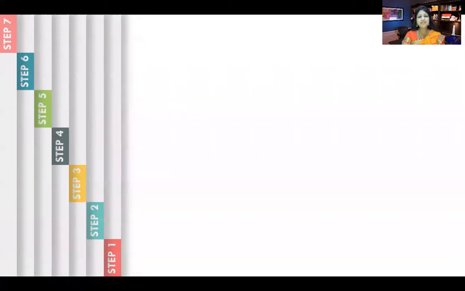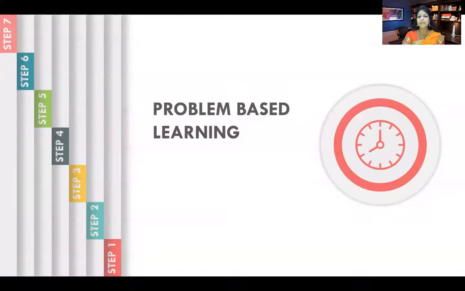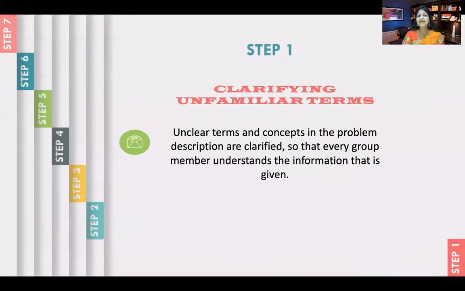PBL, as we have already seen, is problem-based learning, and the education does not only take place in lecture halls, but mostly in small groups of about 10 students. In these tutorial meetings, students discuss problems using a procedure called the 7-step approach.